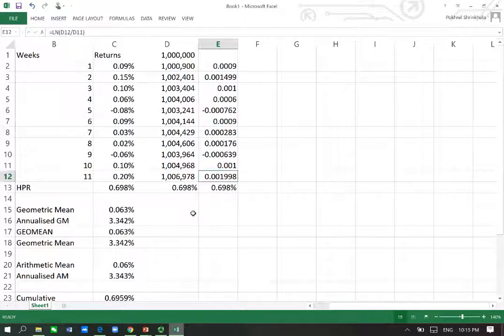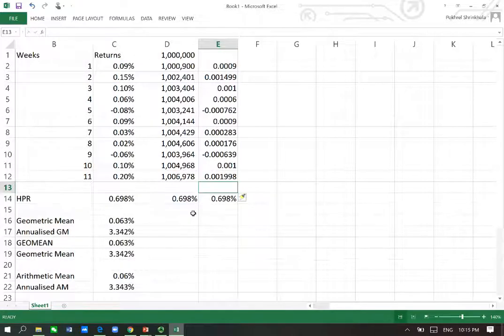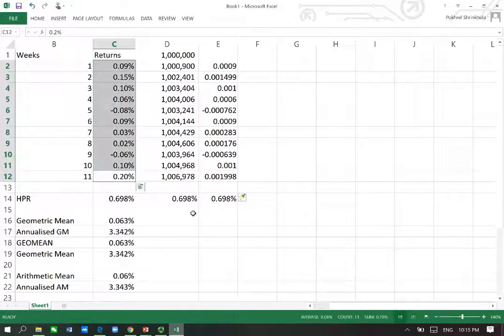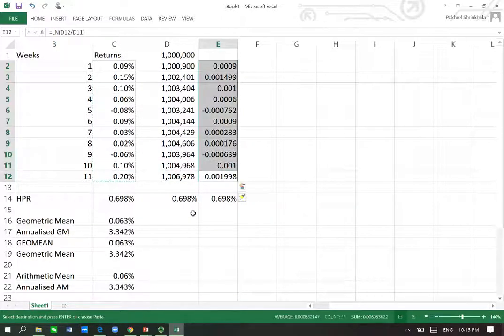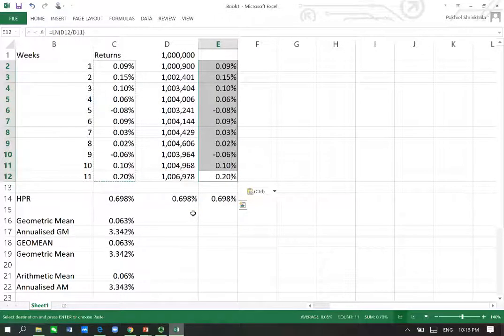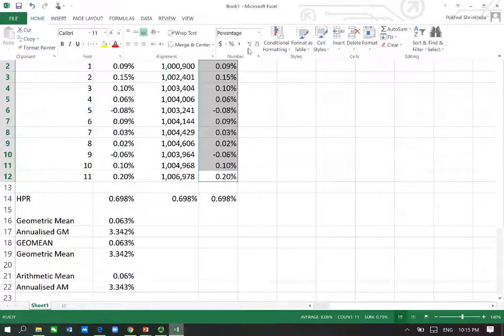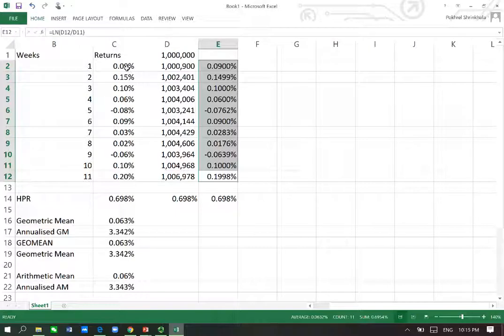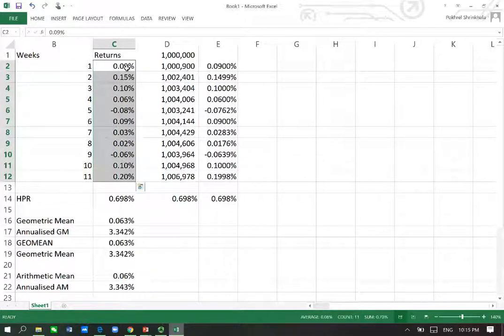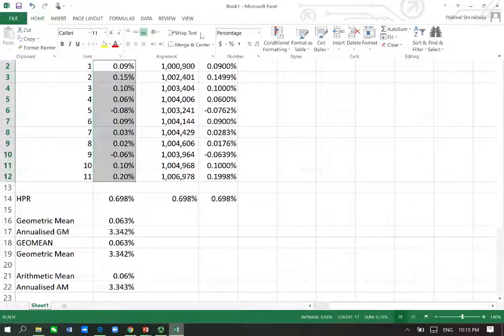So we've gone all the way up to here, which is week 11, and now let me also change the format to that, and you will see that they do not differ much, but when I increase the decimal places, you will see that there are small differences between the two.